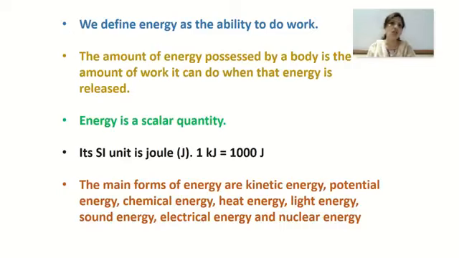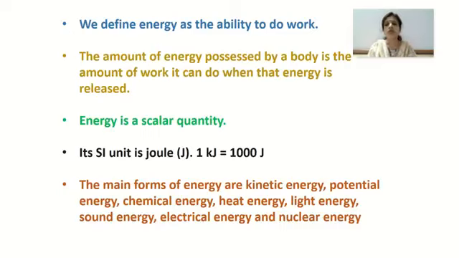So when work is done, we say that it is a kind of energy. I told you that work and energy are interrelated, and that is the reason both work and energy have the same SI unit. Energy is a scalar quantity, and the SI unit of energy or work is joule, and 1 kilojoule is equal to 1000 joule. This is the relation which you have to keep in mind.